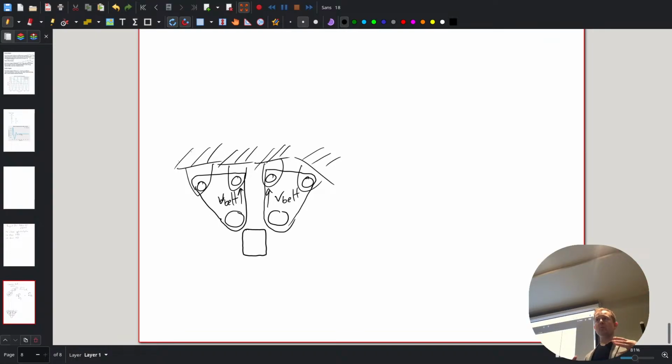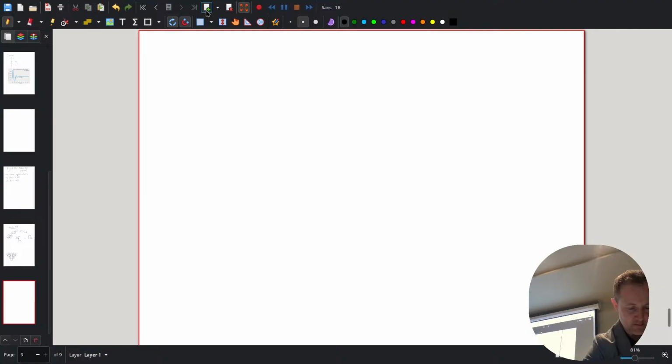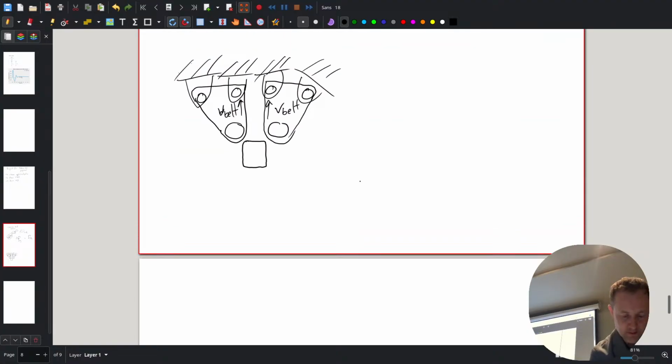So one way we can think about this is we have multiple moving parts. We can look at the total system, but then also break it into individual systems. Because I can draw just the block itself.